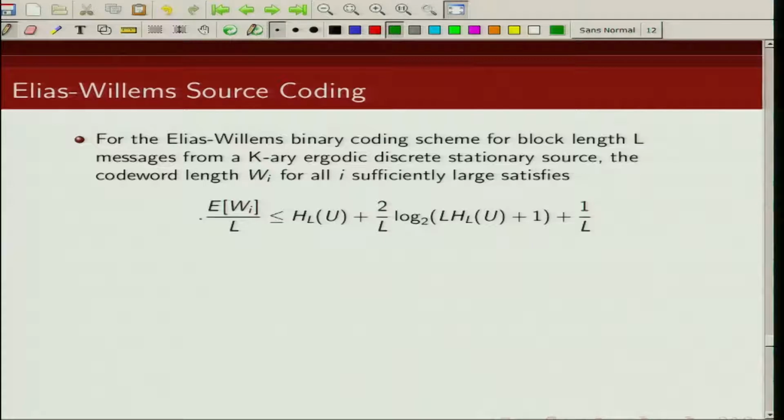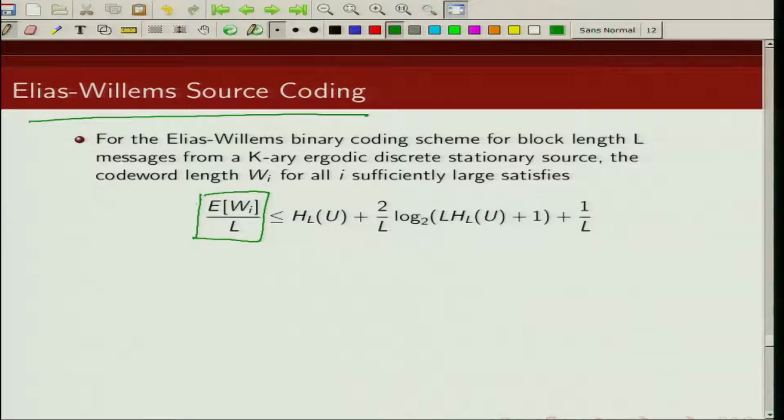So now we are going to calculate what is the expected code word length per input block length for this Elias-Willems source coding technique.